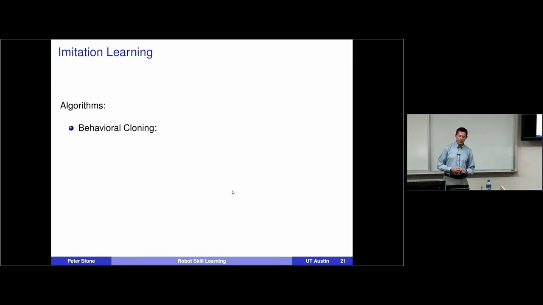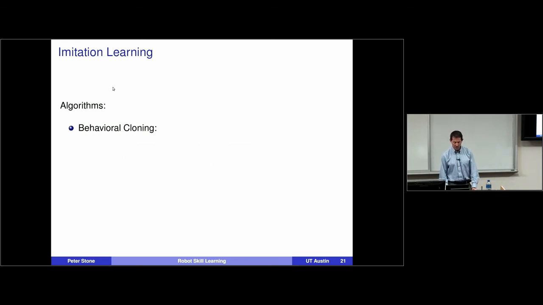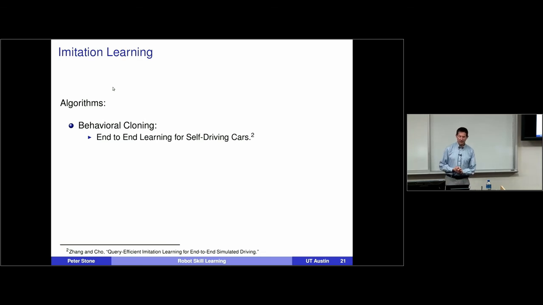Now, I'll talk a little more about that, but in the large space of imitation learning, there are two general approaches. There's behavioral cloning, which has been used for applications such as self-driving cars, where you take a demonstration policy and try to learn the mapping from state to action that the demonstrator is using, and you try to copy that. That's at the high level.